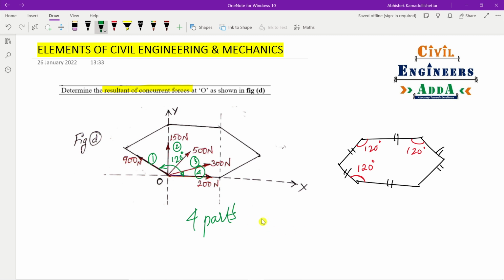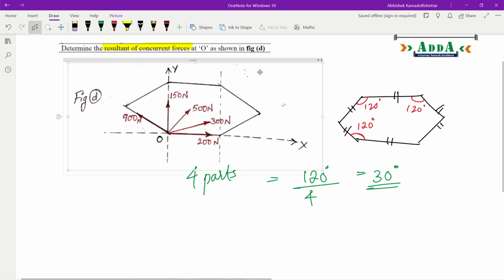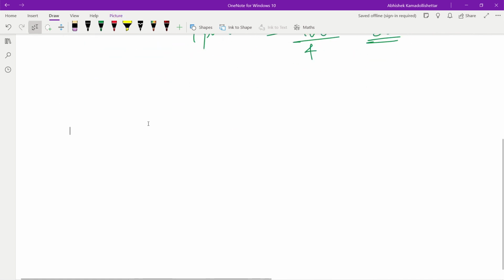Hence, 120 degrees divided by 4. 120 by 4 will give me 30 degrees, so each and every angle here is 30 degrees. I hope you got the things here. So let's start the solution. We have to find the resultant.